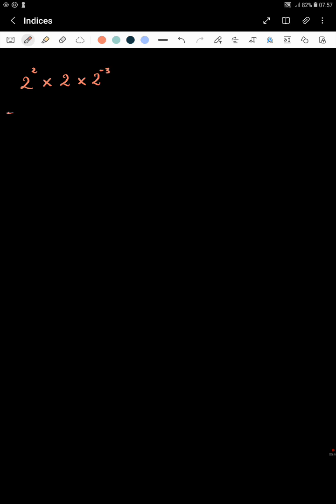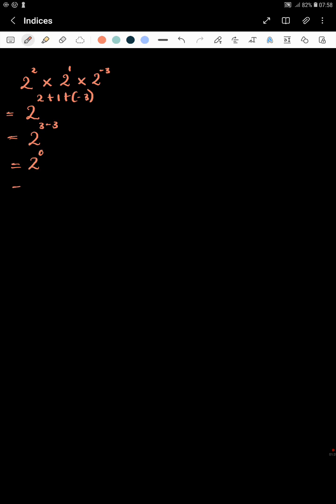According to the laws of indices, when you're multiplying numbers that share the same base, you keep the base, which is 2, and then you add the powers. Here the power is 1, and here the power is minus 3. So you have 2 plus 1, which is 3, plus minus 3, and you get your answer being equal to 2 to the power 0.